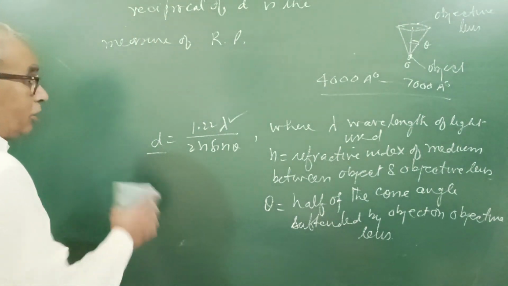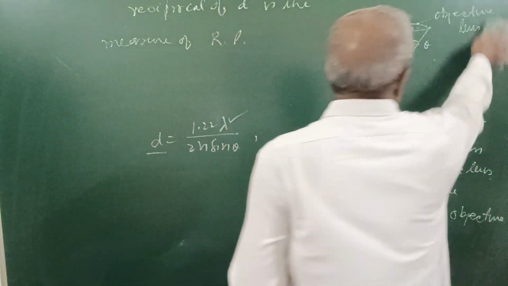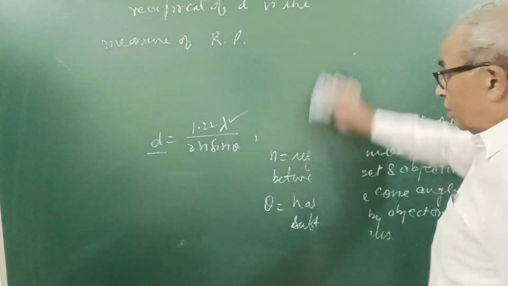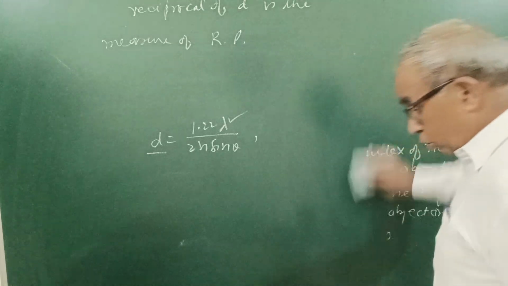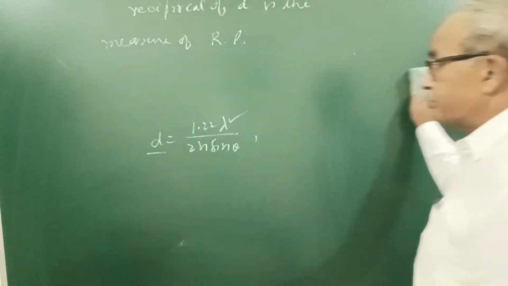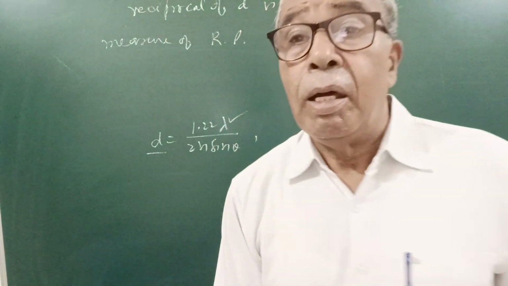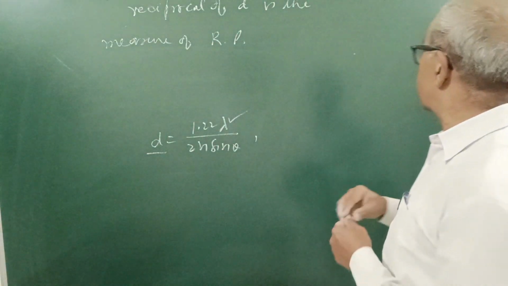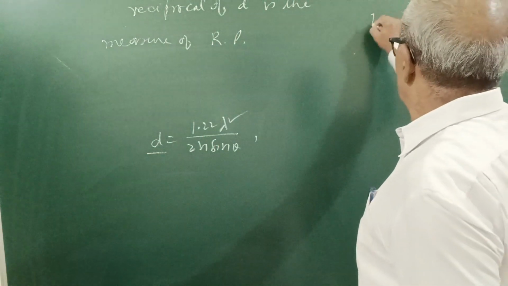So to decrease d, what can we do? We can increase n and decrease wavelength also. How can we decrease wavelength? Light has this range, 4,000 to 7,000 angstrom.